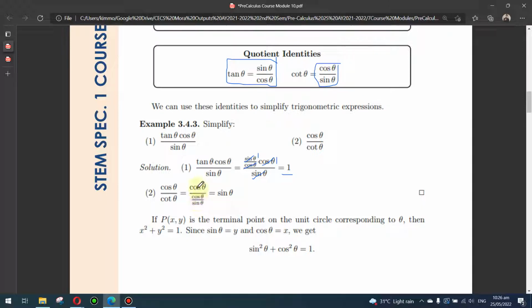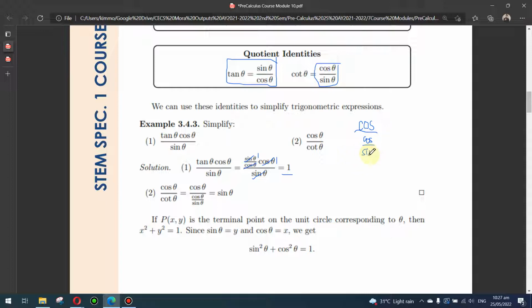So what remains here is cosine divided by cosine over sine. Since our denominator is a fraction, the equivalent is cosine over cosine over sine.